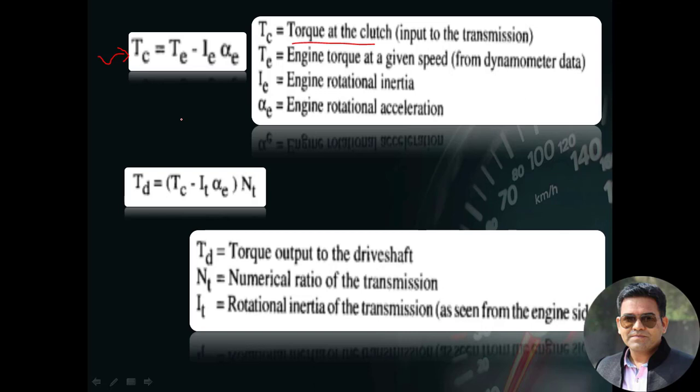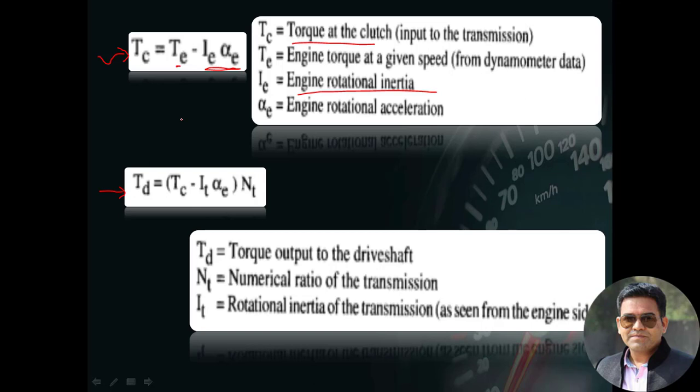I would like to emphasize this product I into alpha, which indicates the torque. IE indicates the engine rotational inertia, and alpha E indicates the engine rotational acceleration. This is our first equation.